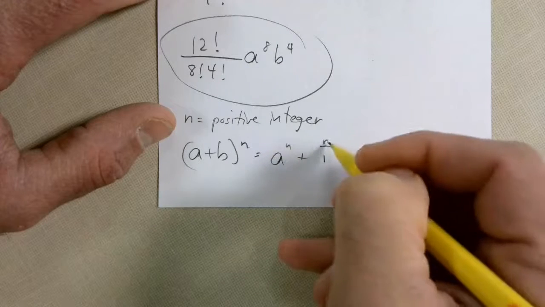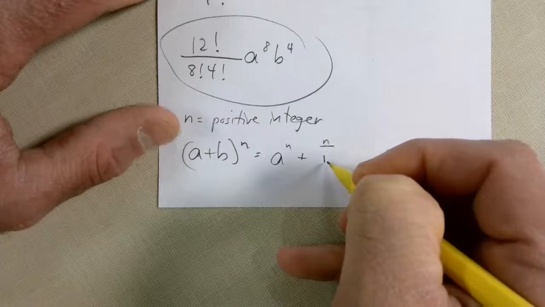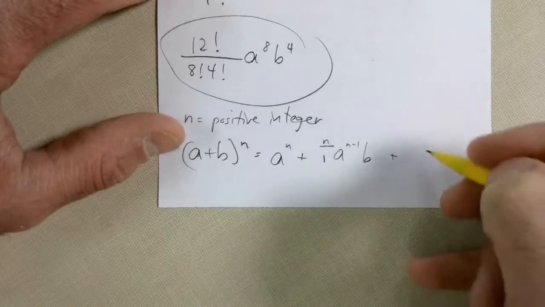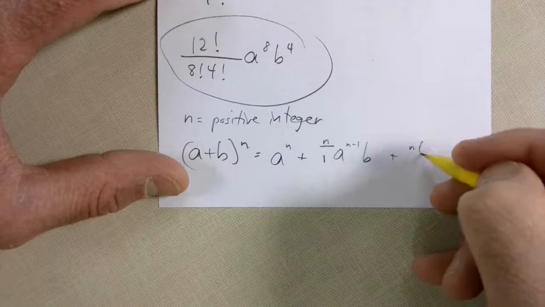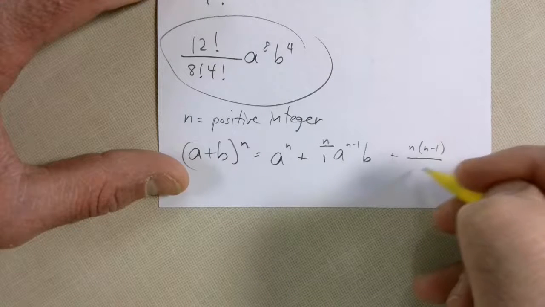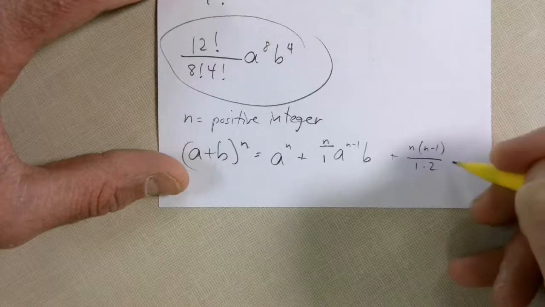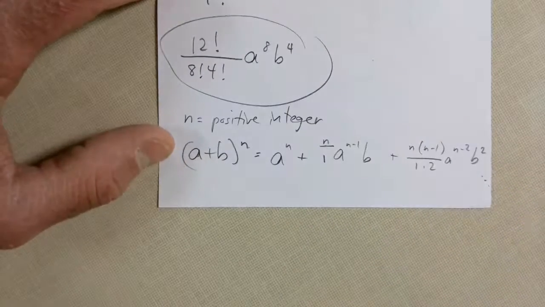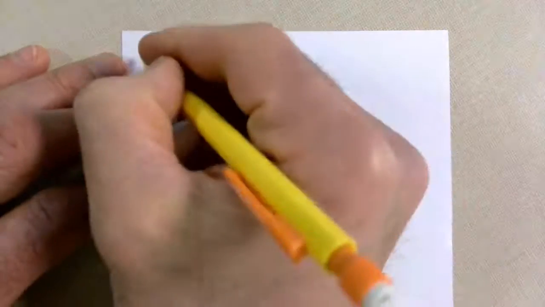If this is 12, we're going to put 12 over 1 times a to the n minus 1 times b. And then plus, then we're going to do n times n minus 1 over 1 times 2, and then we're going to take away 2 from the a and then put b squared, and so on. So we're going to keep going like that. And that can eventually get worked out to a generalized formula.